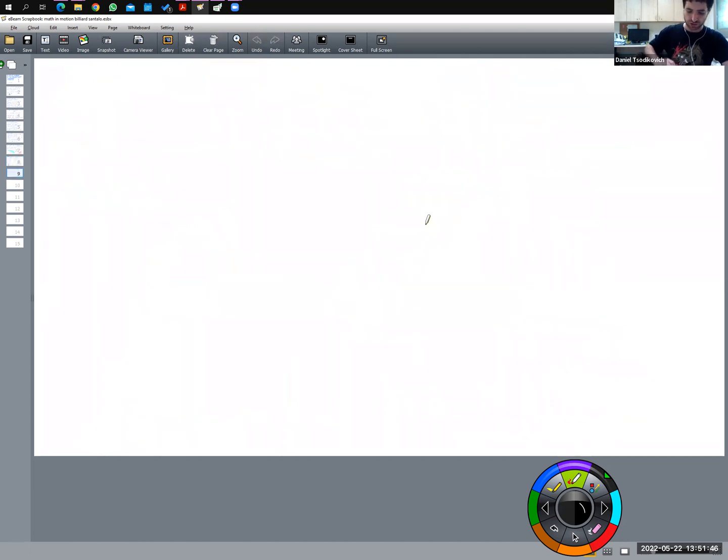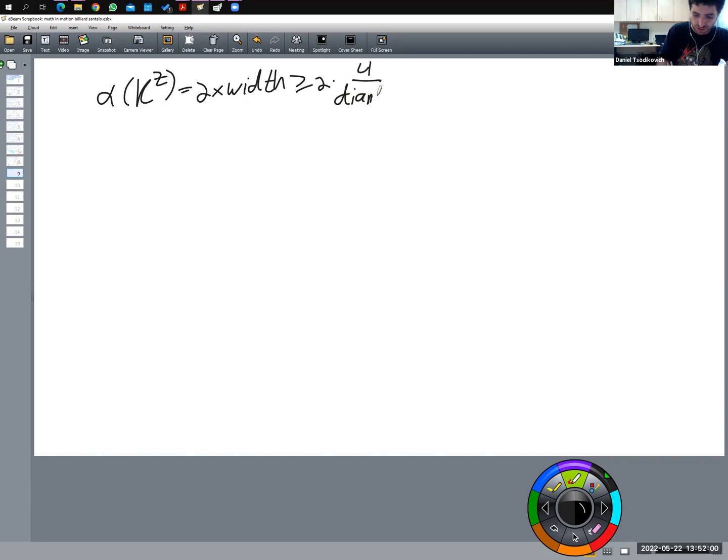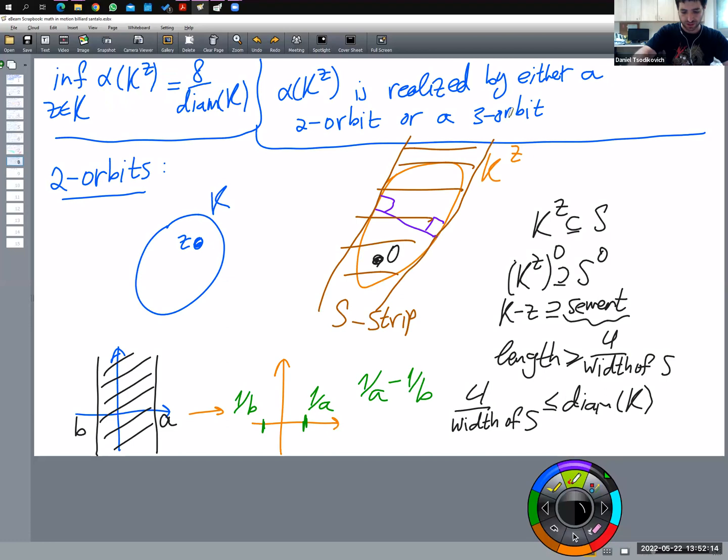So the conclusion is that alpha of Kz is twice the width, which is twice 4 over the diameter of K. And we proved the inequality that we want in this case. Okay, so this is the case of a 2-orbit.